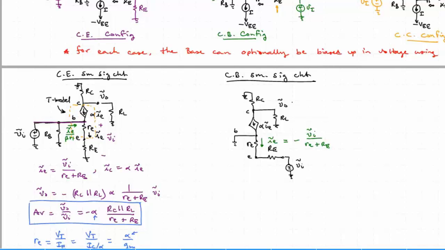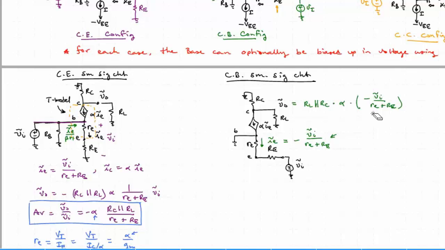VO is going to be, as before, RL in parallel with RC times alpha times IE, but IE is minus this term here. So we can rewrite this as minus VI over little re plus big RE.